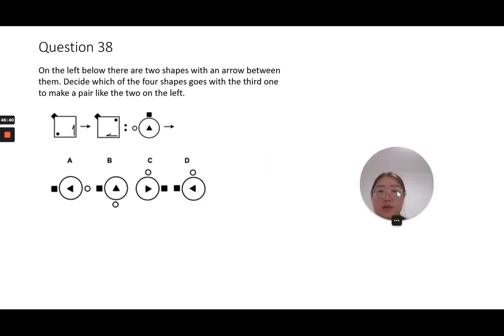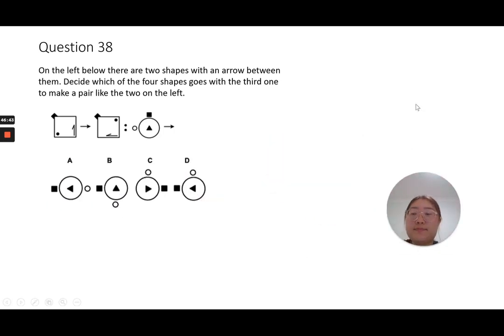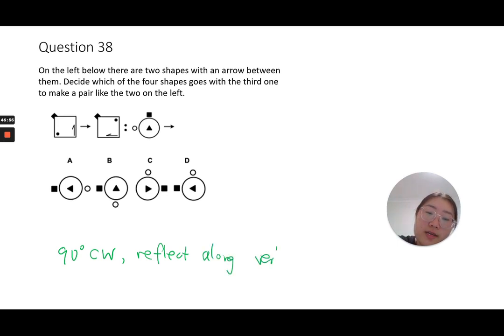Okay, for 38, the pattern actually is a rotation. We have a 90 degrees clockwise rotation, and then you reflect along the vertical axis.